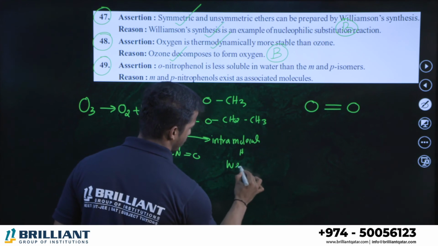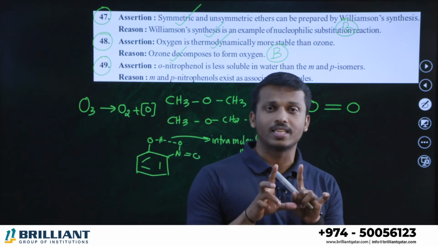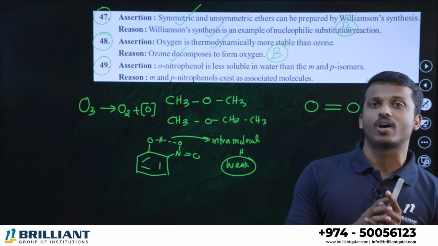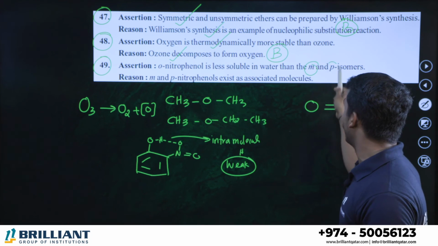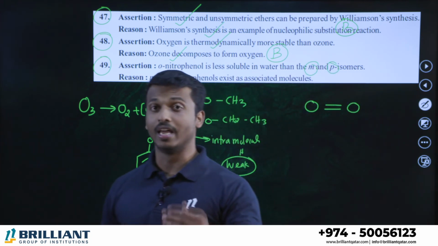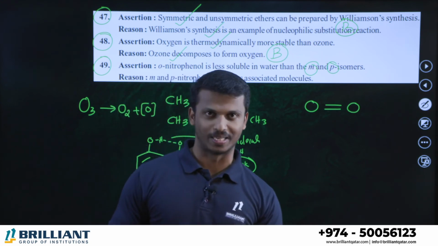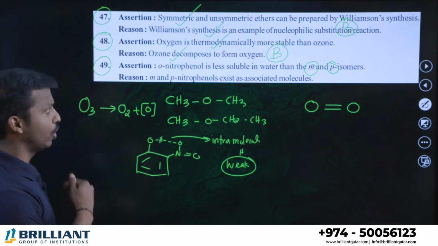You know, it is a weak bond. In orthonitrophenol the bond is a very weak intramolecular hydrogen bonding, whereas the meta and para isomers show very strong intermolecular hydrogen bonding. So orthonitrophenol is less soluble in water.